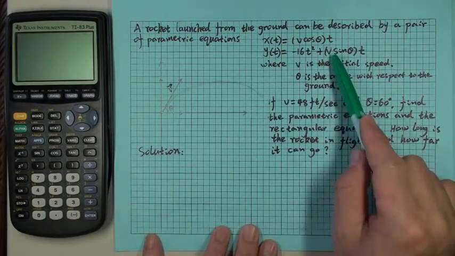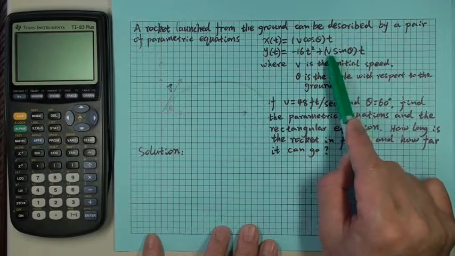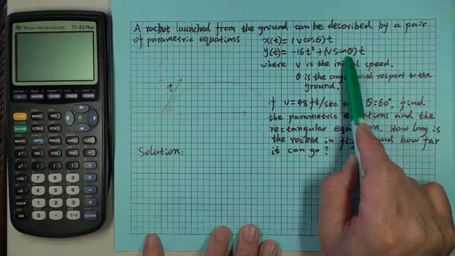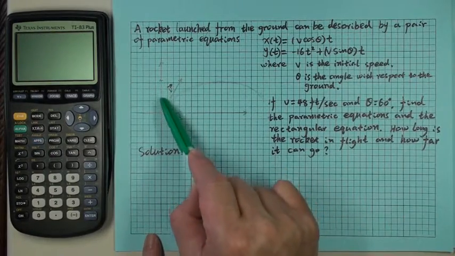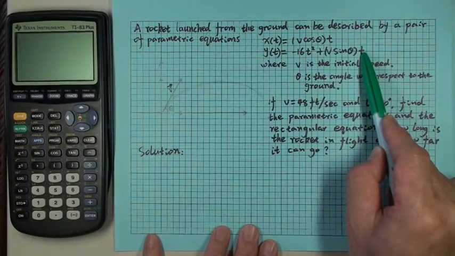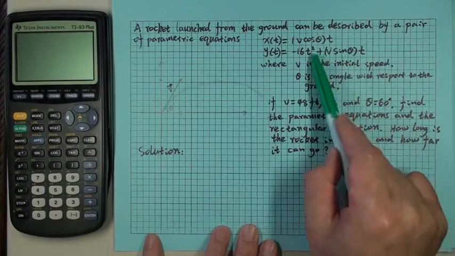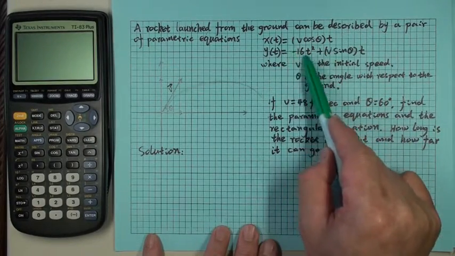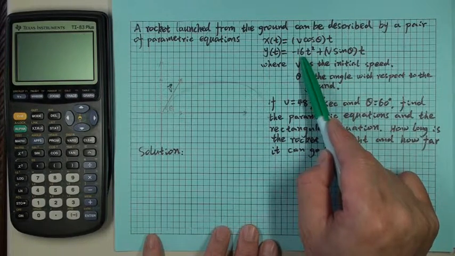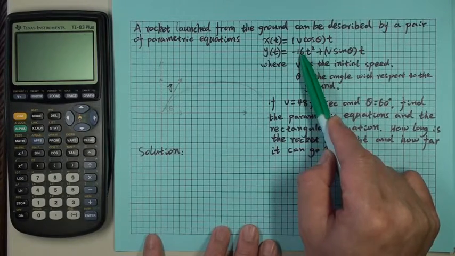Vertically, we cannot do it that simply. v sine theta is the component going up, times t, but because of gravity, the acceleration constant is negative 16 feet per second squared.